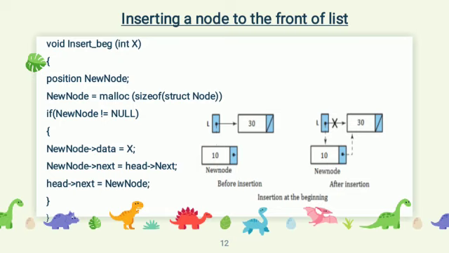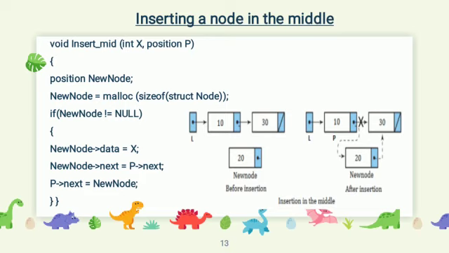Otherwise, we insert the new element by using 3 steps. First, we store the input, that is the x value, in the data part of the new node. Next, we change the next of the head node to the next of the new node. Then, we store the new node's address in the next of the head node. These are the 3 steps used for inserting a node at the beginning of the list.